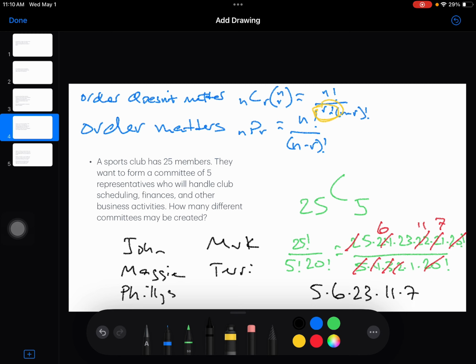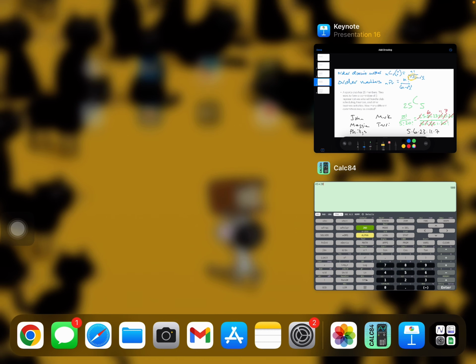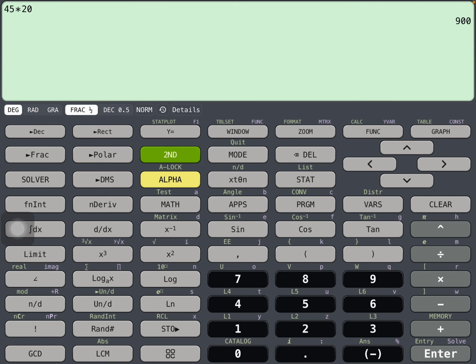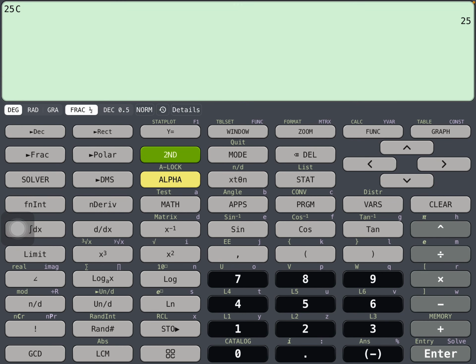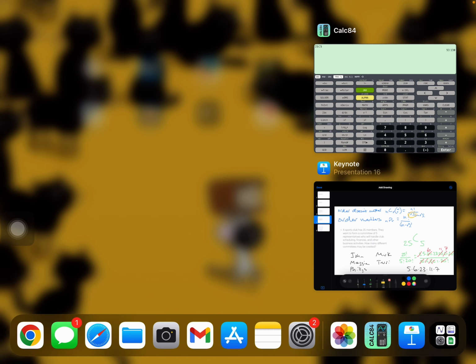We can go through and do this by hand, but it is faster if we just go into a calculator. Most scientific calculators will have this. 25 choose 5 gives us 53,130 possibilities.